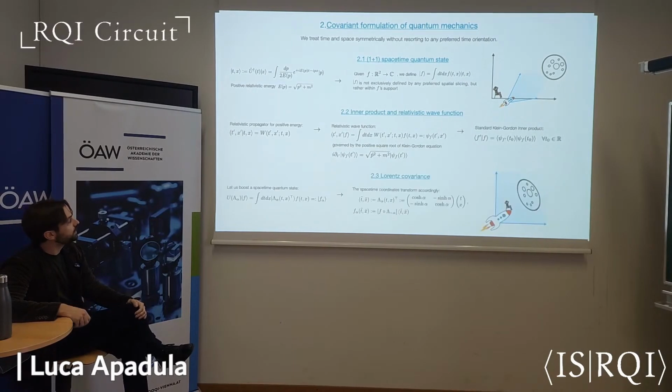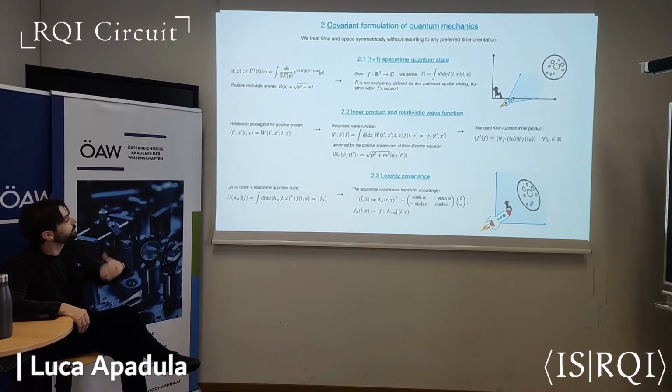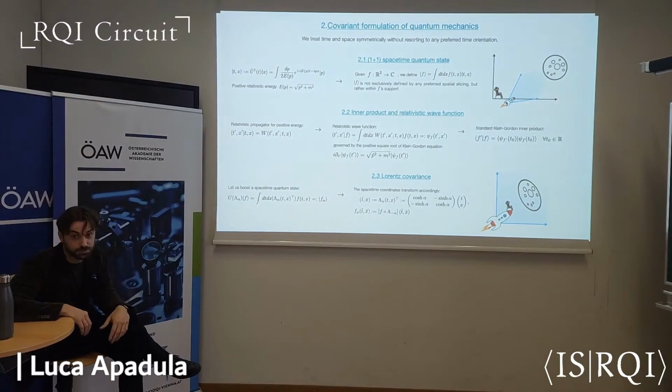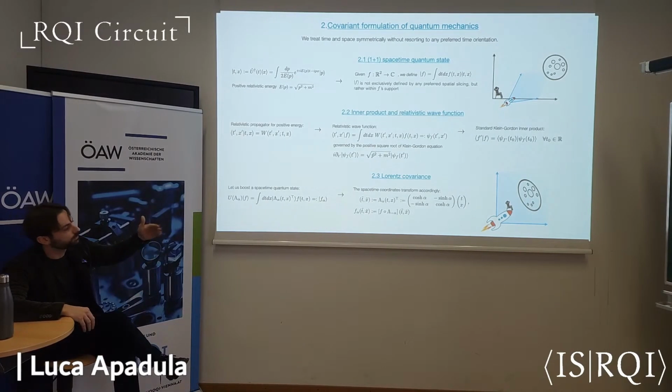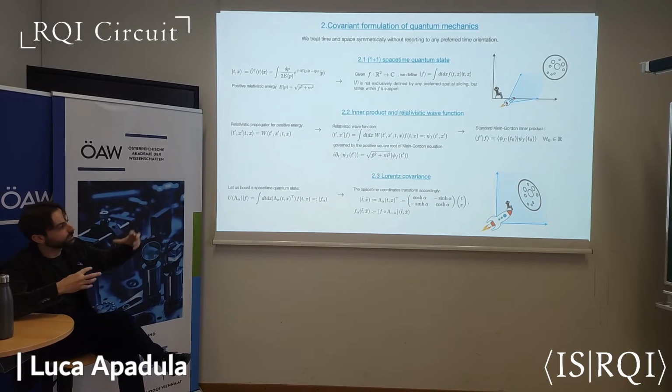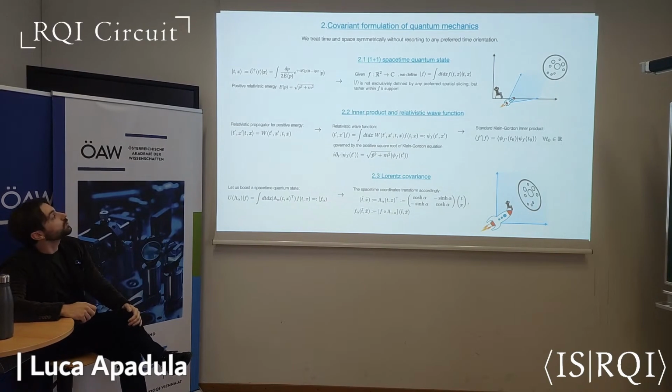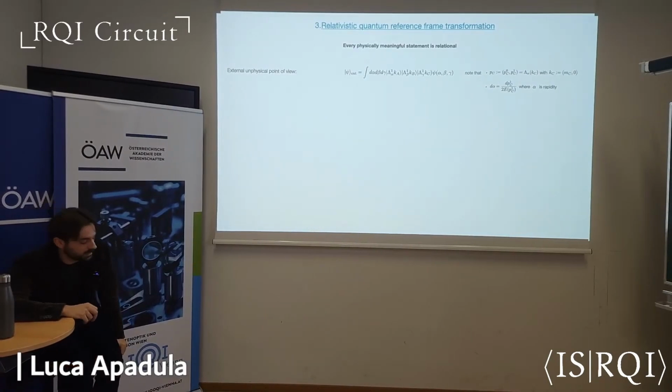Maybe the last thing is how these space-time quantum states behave under a general Lorentz transformation, and they behave exactly as we could expect. The space-time coordinates transform according to the Lorentz boost, so they are hyperbolically rotated. If we jump on top of this flying rocket, what we would see is this hyperbolically rotated, boosted, moon-shaped region of space-time.